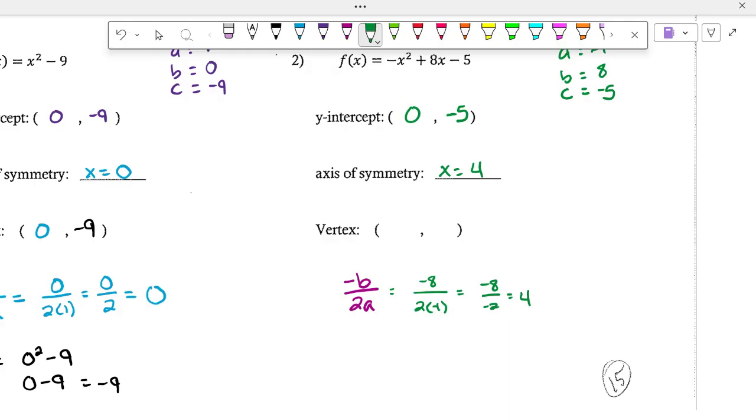So you're just finding the axis of symmetry. So you're taking the B value, taking the A value, plugging it into the formula.